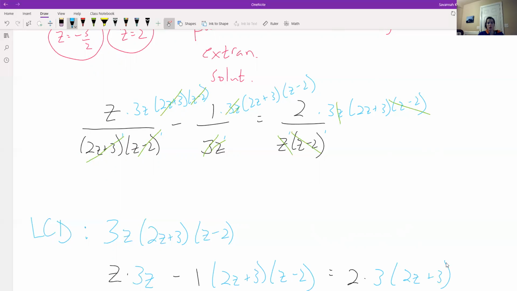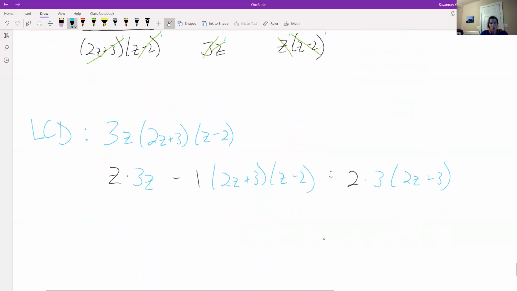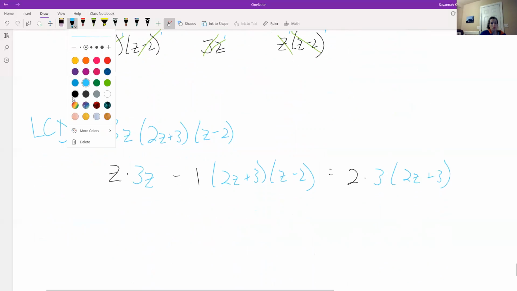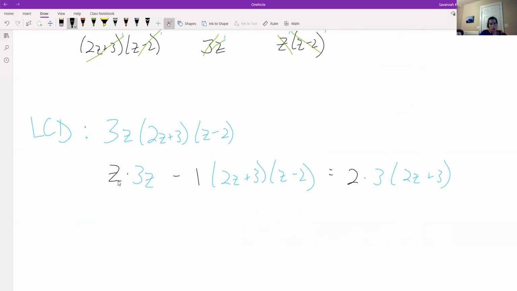All right, so there we go. Oh, it's so ugly. Okay. So z times 3z. That's going to give me a 3z squared. Now this negative 1, I'm going to leave it, and then I'm going to just distribute out these two polynomials.